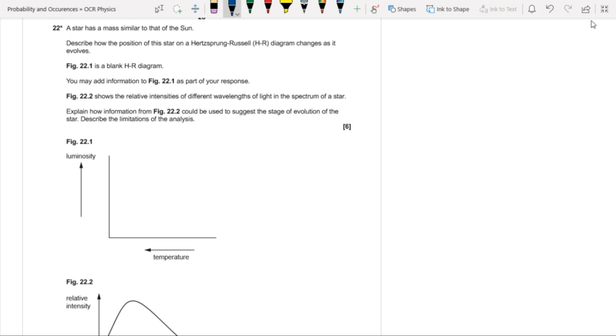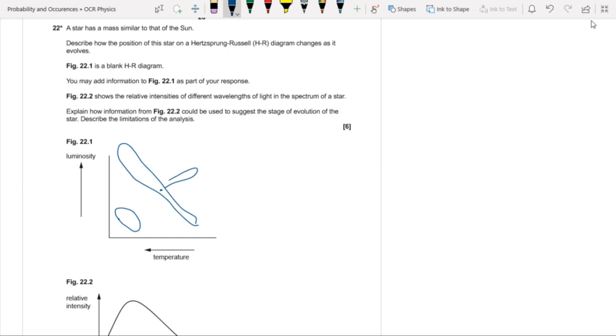All right, so since it's a blank diagram, we have to add information to supplement our response. If you remember the HR diagram, temperature is increasing in the leftward direction and luminosity increases in the upward direction. So here were the white dwarfs, and somewhere here was the main sequence, and here happens to be our sun, and obviously since the star is similar to our sun, the other star would also be here.